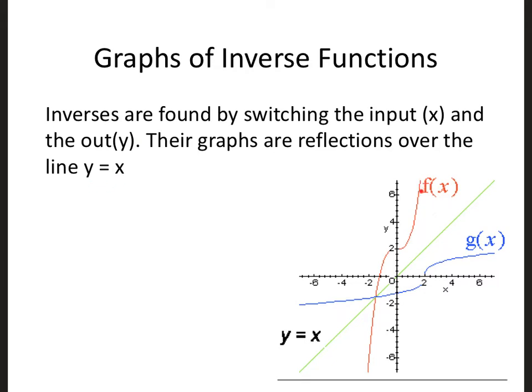So for instance, if I have a graph of f of x and I use the graph y equals x, if I graph f of x's inverse, like I have here, g of x, we can say that these are reflected over this line y equals x. And again, this is what graphs of inverse functions will always look like. So if you're ever wondering if two functions are inverses of each other, you can always graph them and the line y equals x, and it should be a reflection over that line.